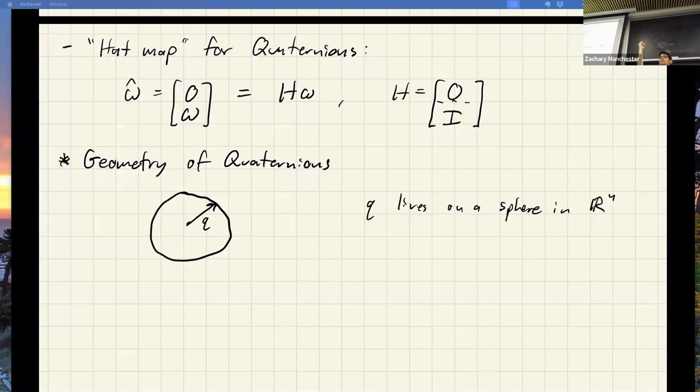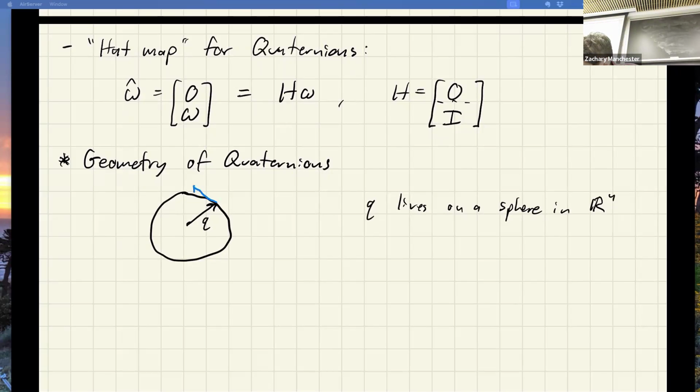If I have this quaternion moving around, my rigid body's tumbling, whatever, and I think about the derivative, Q dot, what space does that live in? Well, in this picture, where does it live? Yeah, exactly. It lives in the tangent plane to this sphere. That's exactly right.